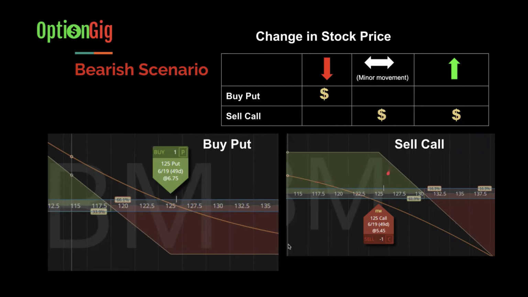But if I sell a call and the stock stays at 125, I'm still making money. If the stock goes higher than 125, I'm still making money as long as it doesn't go too high. So as an option seller, we are actually profitable in 2 scenarios out of 3. But if you're an option buyer, you're profitable in only 1 scenario out of 3.